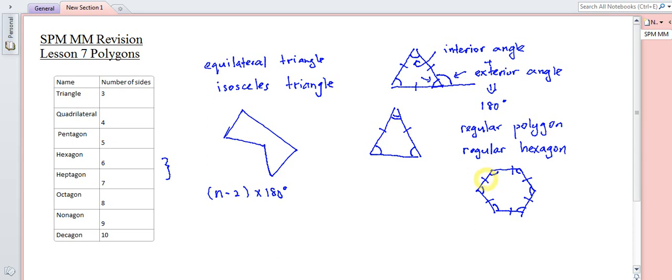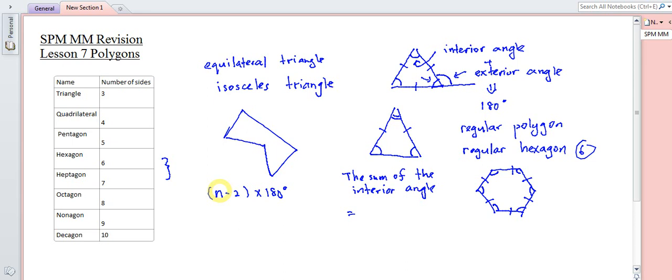How many sides does a hexagon have? 6 sides, right? So according to the formula, if you want to find the sum of the interior angles, we just use the formula n minus 2. Here, n is the number of vertices of that polygon.